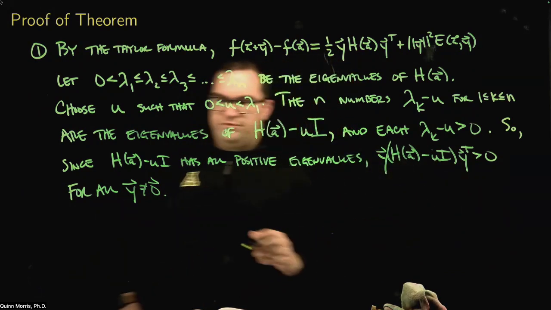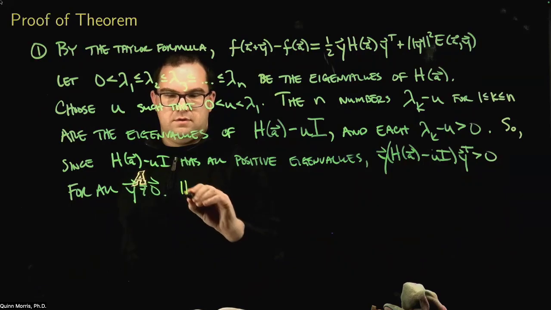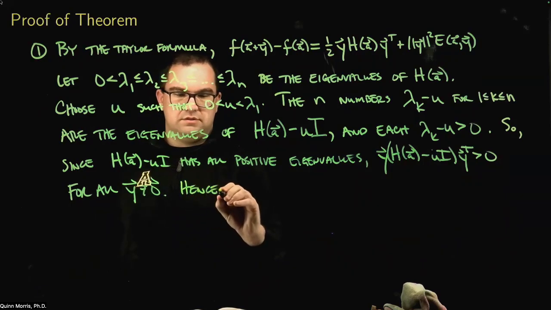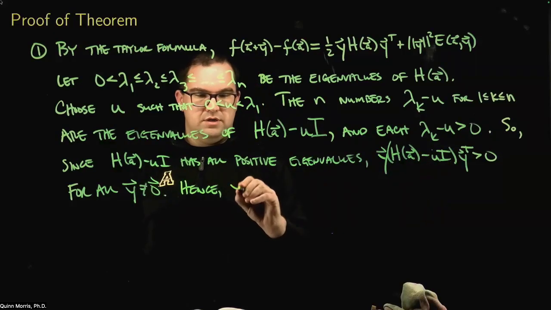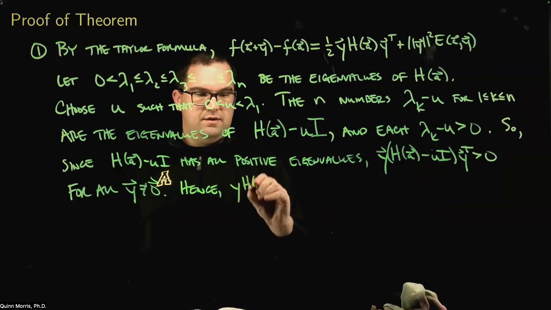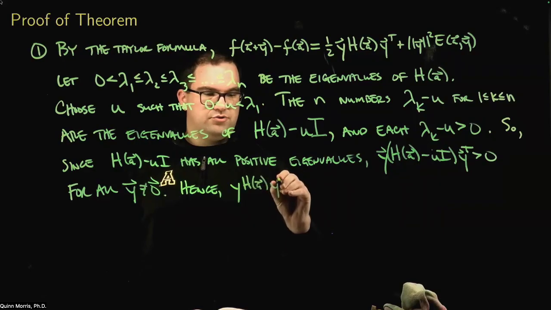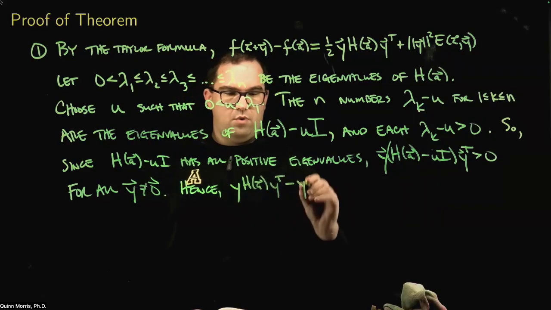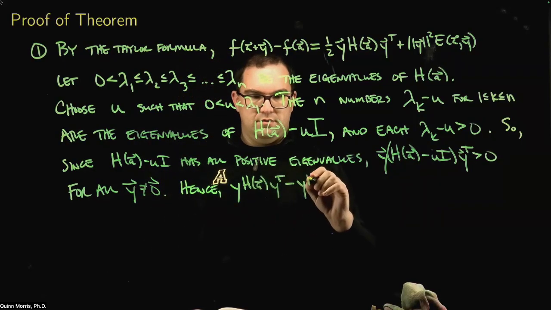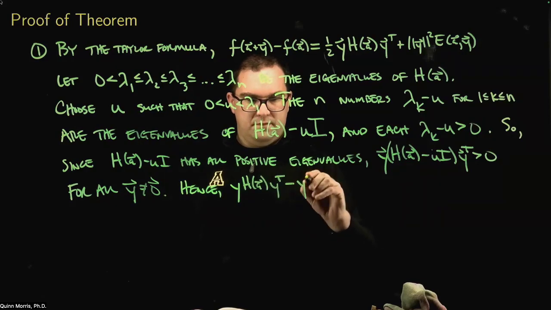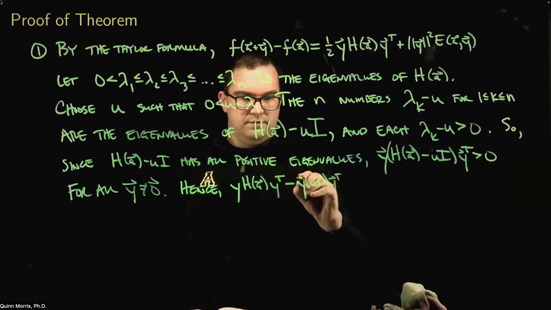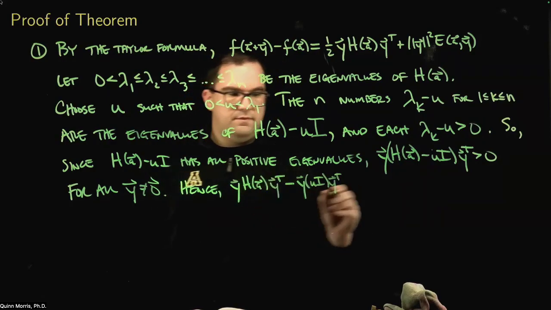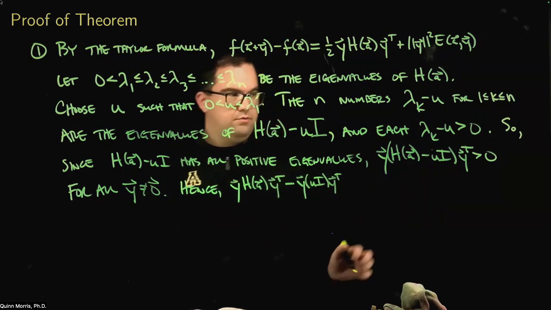Well, if I look at this, right, I can distribute some of this. So hence, if I just distribute the y and the y transpose, I get y h of a, y transpose minus y times uI, y transpose is greater than 0, right?